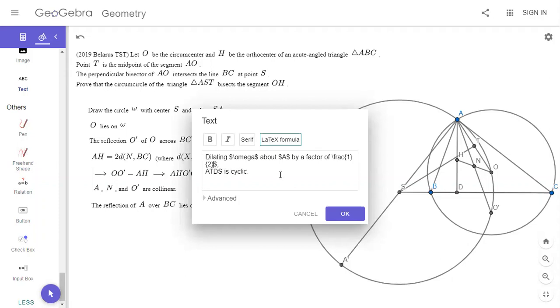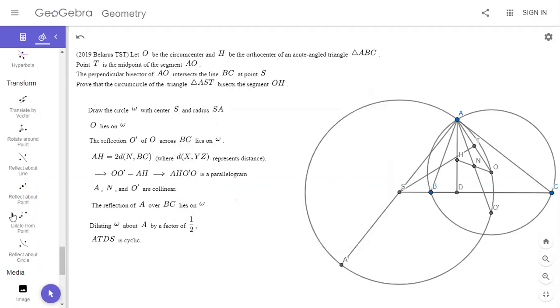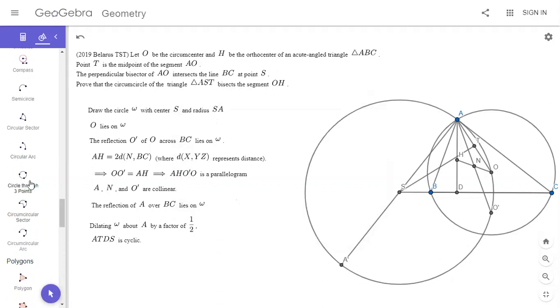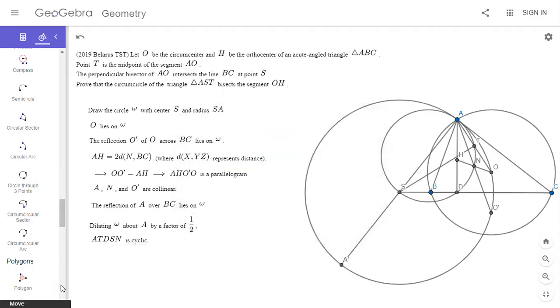All right. Now we can move on to the next problem. Just kind of draw in that circle for fun. Oh, I should say N, ATDS, N is cyclic. It's important. All right.